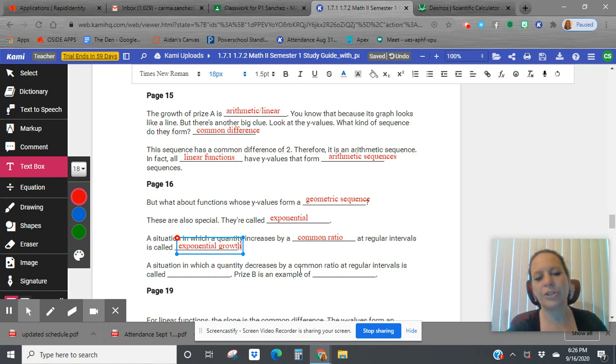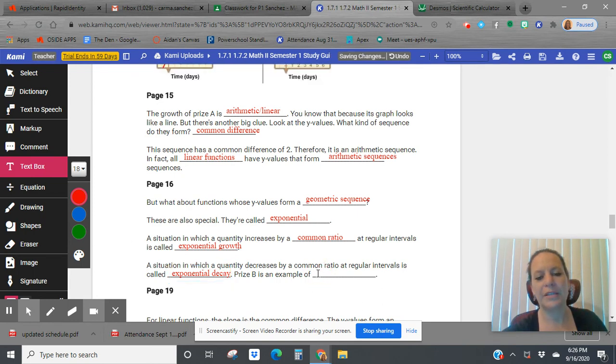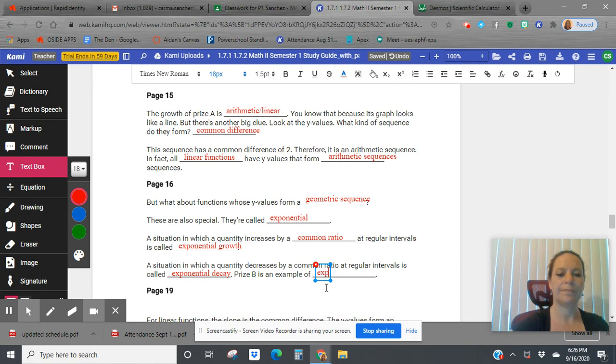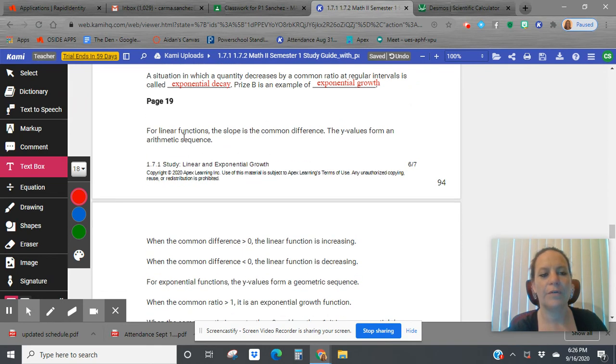A situation in which a quantity decreases by a common ratio at regular intervals is called exponential decay. Prize B is an example of exponential growth. Prize money grew.